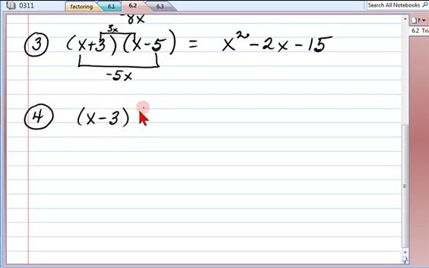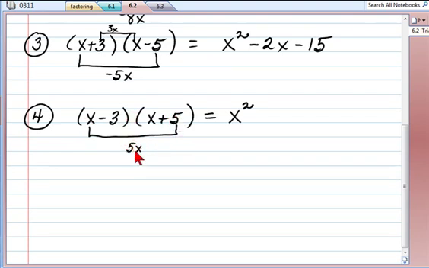Okay? All right. And the last example, before we start trying to draw some conclusions, what if I had x minus 3 times x plus 5? All right, using FOIL, the product of the first, x times x, is x squared. The outer product is x times a positive 5, so it's positive 5x. The inner product is negative 3 times x, which is negative 3x.